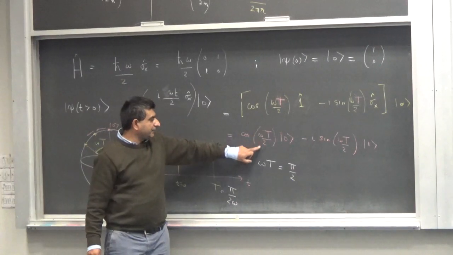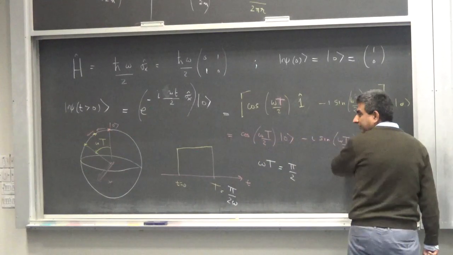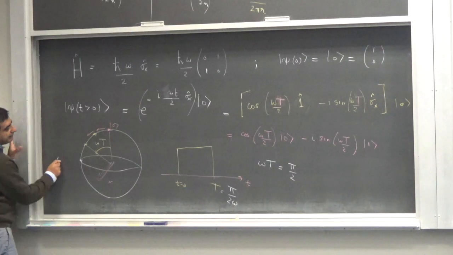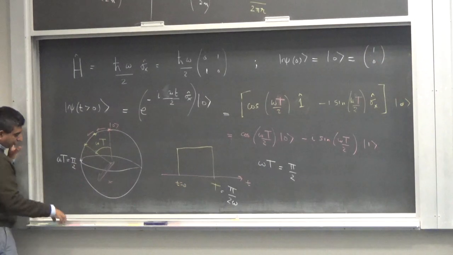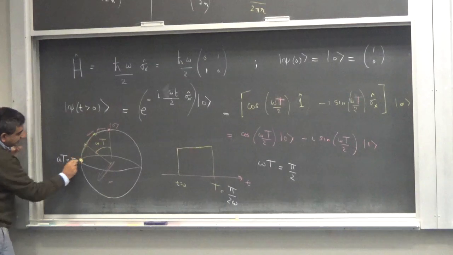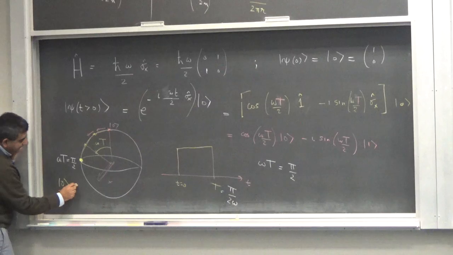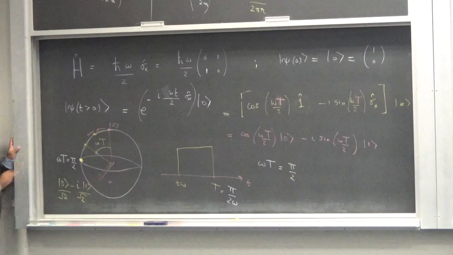Omega t is pi over 2, this becomes pi over 4, 45 degrees, and this will become 45 degrees as well. So if you let omega t equal pi over 2, you're going to end up here. And this state is ket 0 minus i ket 1, over root 2, right? This is what this state over here is.